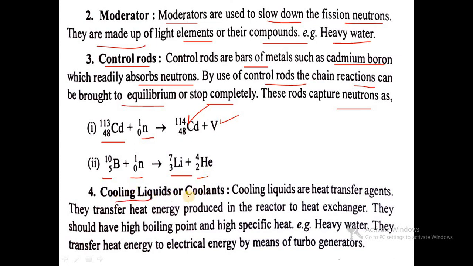Then what are cooling liquids or coolants? Cooling liquids are heat transfer agents. They transfer heat energy produced in the reactor to the heat exchanger. They should have a high boiling point and high specific heat. The coolants are heavy water, deuterated water. They transfer heat energy to electrical energy by means of turbo generators.